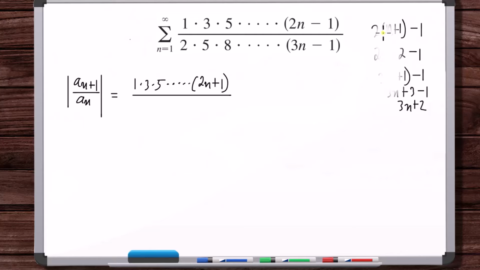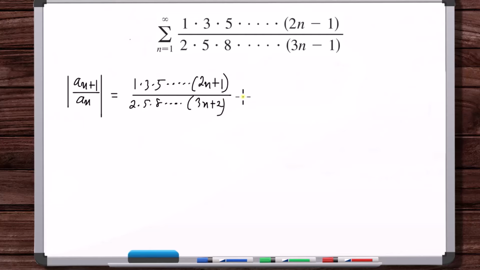All right, so 2 times 5 times 8, 3n plus 2. Now we've got 2 times 5 times 8, 3n minus 1, and then 1 times 3 times 5, 2n minus 1.